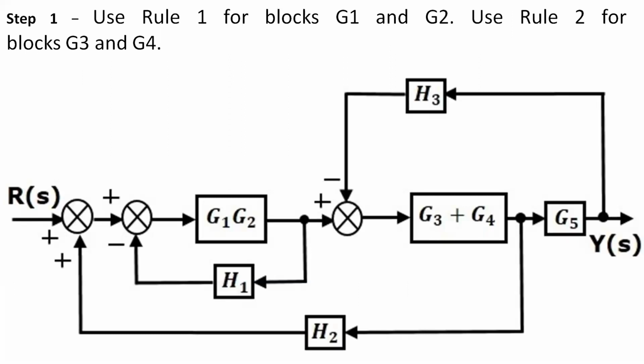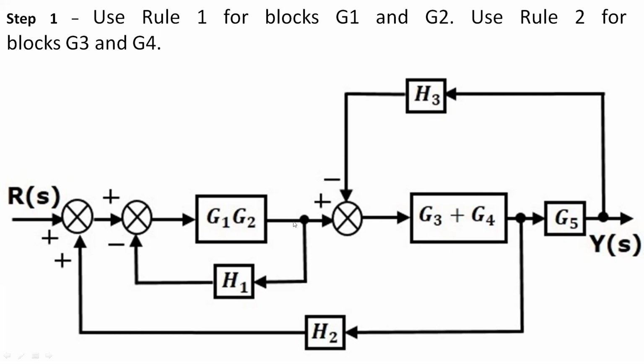Now here, we are taking this as an example, a block diagram which has all these things. Okay, now if we use rule number 1 for blocks G1 and G2, we have G1 and G2 combined here. Similarly, G3 plus G4, which are parallel, are connected here.